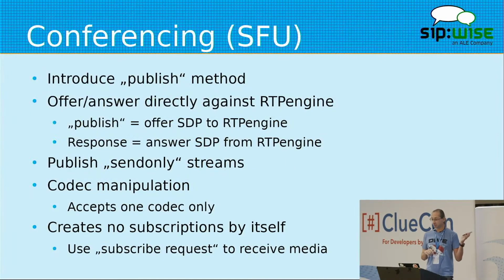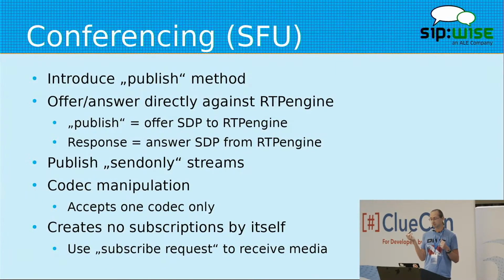To support the conferencing case now, we added another new method. This is the publish method. This performs an offer/answer exchange directly against RTPengine. So you publish your offer SDP, you get a response back from RTPengine. The published streams are send-only. You can offer multiple codecs.